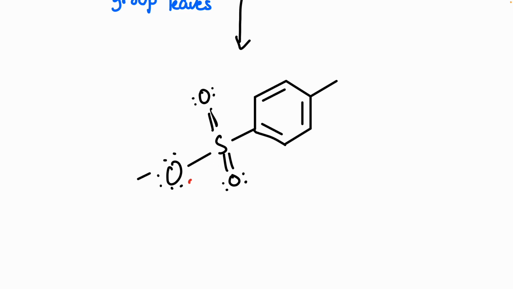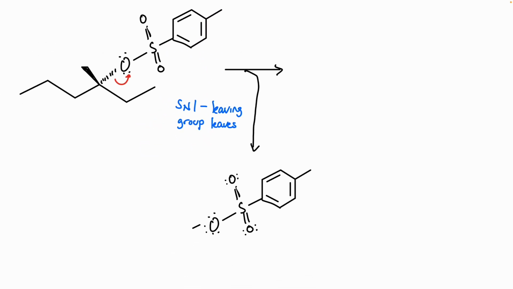Not only that, we also have this ring here that can help stabilize that negative charge, right? So we have a lot of different resonance structures that show that negative charge being bounced around to various sites around this molecule. All right, so that's why this is such a good leaving group. It's nice and stable with that negative charge.